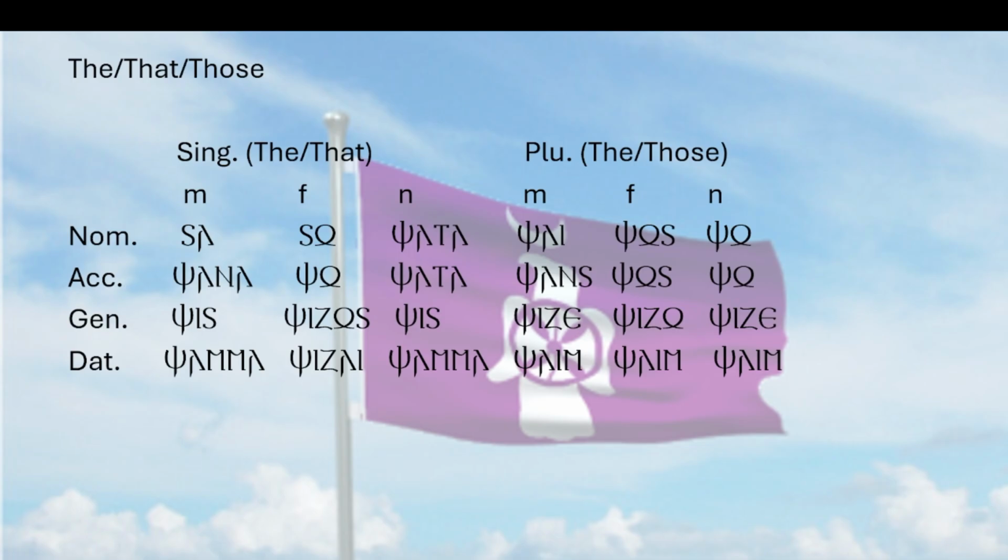Sometimes the meaning of the can be omitted. So it depends on the context, on how definite the meaning is. But anyhow, this word here can be translated into the, that, or those.